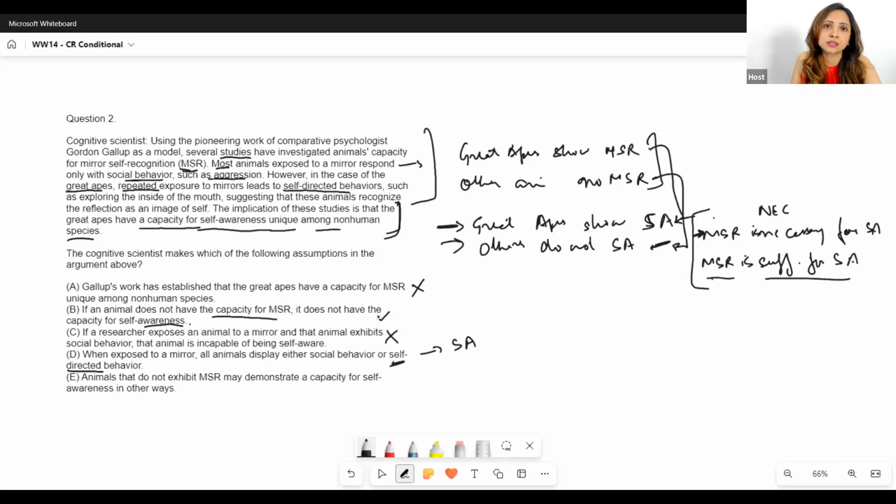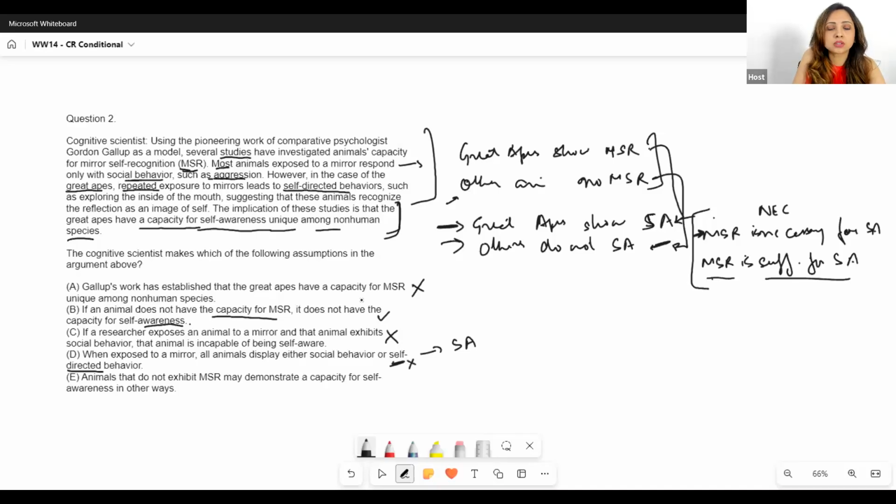That's also possible, isn't it? That doesn't change our conclusion at all. We are only talking about those who show self-directed behavior, MSR that is, and those who do not show MSR. So everyone else, social behavior, no behavior, whatever, will lie in the no MSR category, right? Other animals, no MSR. So all of them will lie in the same category. Nothing changes in our conclusion. So this is also not an assumption.